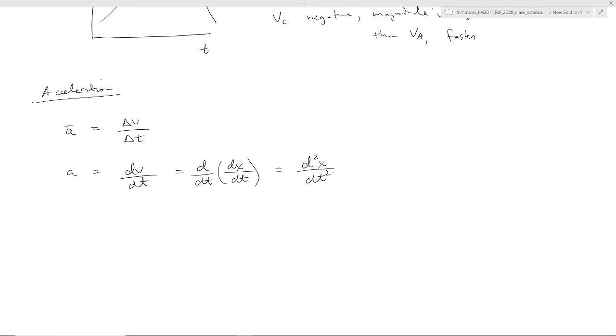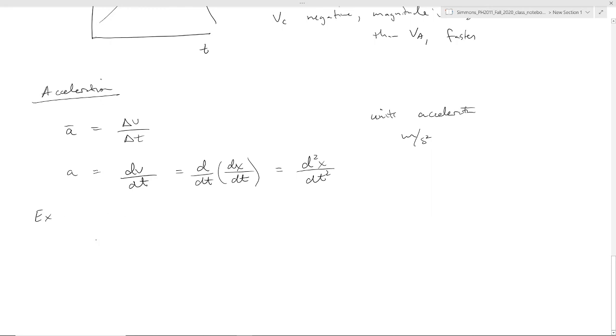And I should say the units for acceleration are meters per second squared. So let's look at a little example of using this.